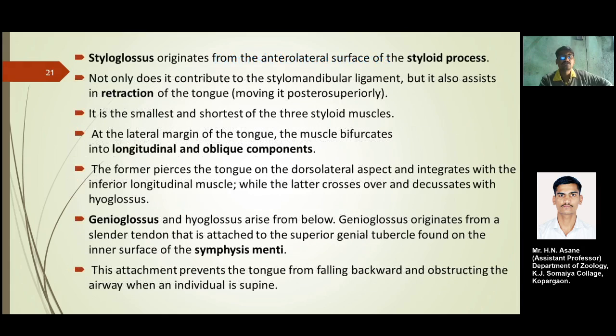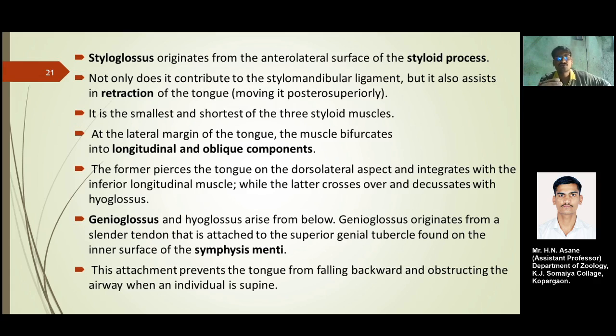As you can see, the styloglossus originates from the anterior surface of the styloid process. It not only contributes to the stylomandibular ligament, but also assists in retraction, that means moving the tongue posterior superiorly.